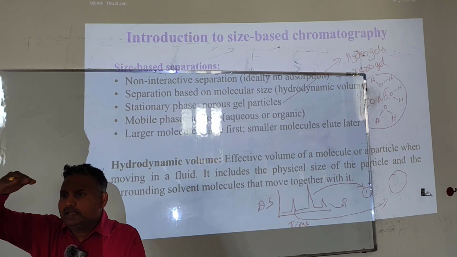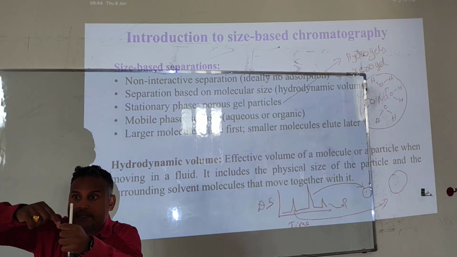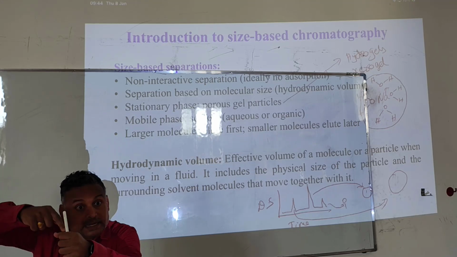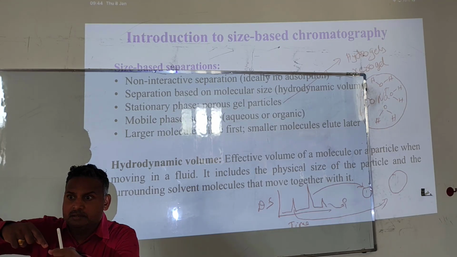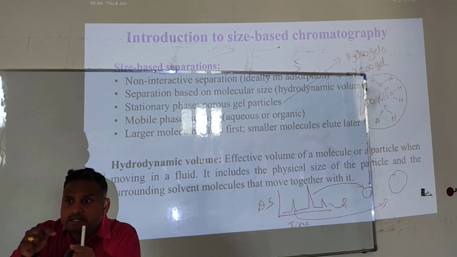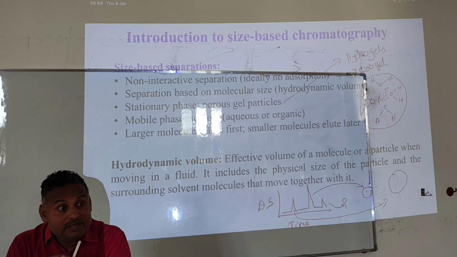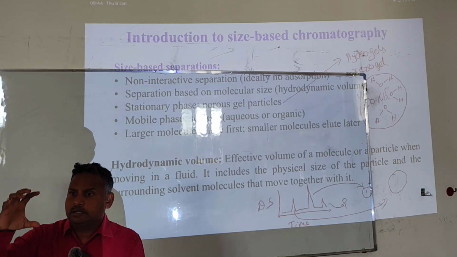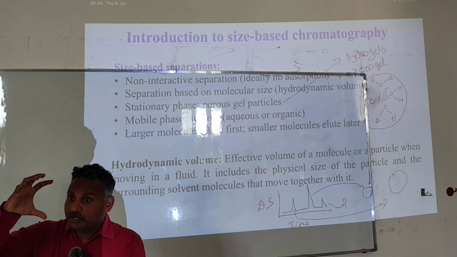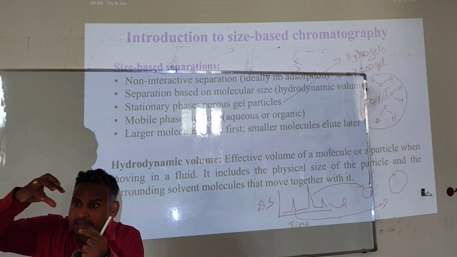Now, when the molecules are passing, the smaller molecules will penetrate inside the stationary phase particles. When they penetrate inside, they will sit there for some time. In each particle, they will spend some time because they are penetrating inside. Whereas the bigger molecule, because the molecule is bigger and the pore size is smaller, cannot enter.